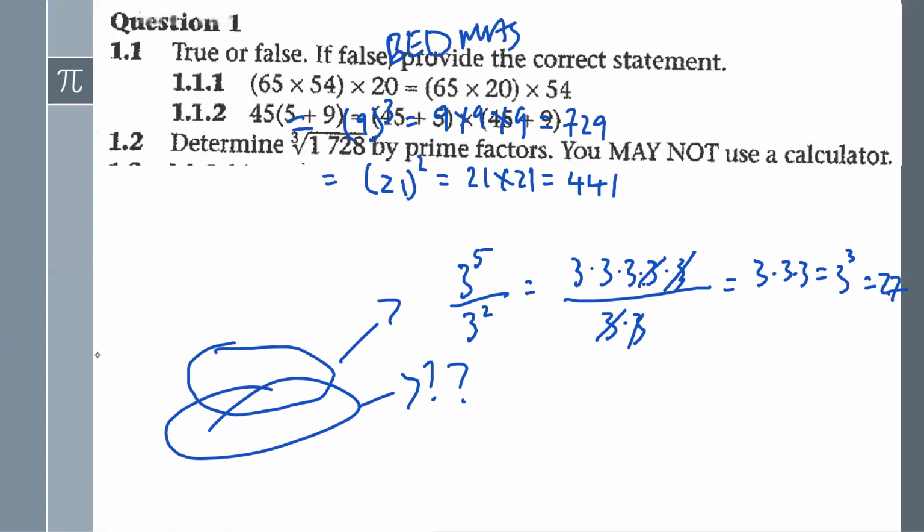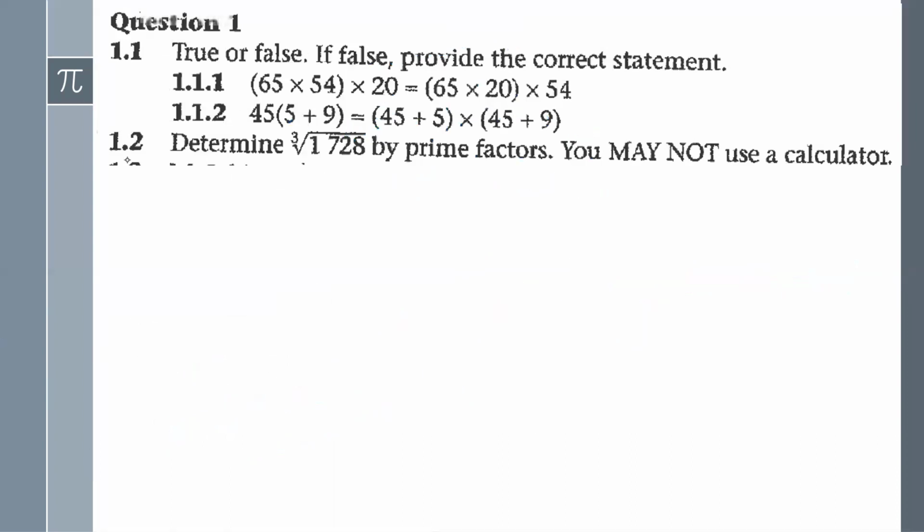Another one, a true or false question here. You are given 2 statements. You have to tell which one is true, which one is false. And they are testing your knowledge of the distributive property and the commutative property. If you look at this one here, we have the exact same numbers and we are just multiplying them, but in a different order.